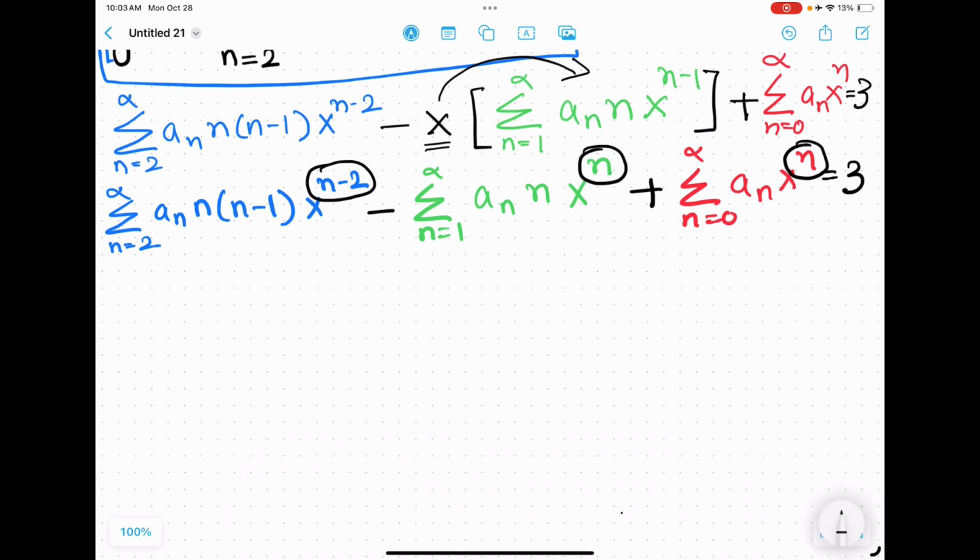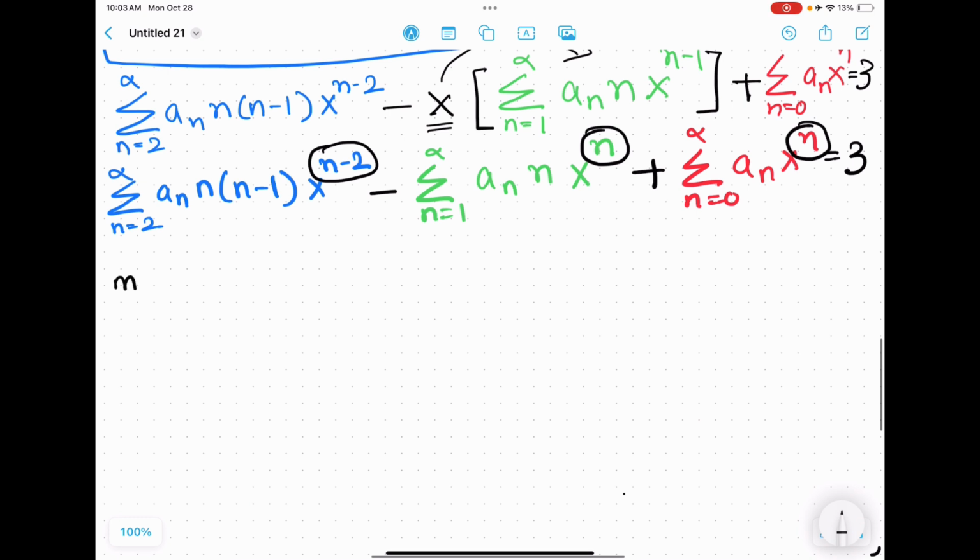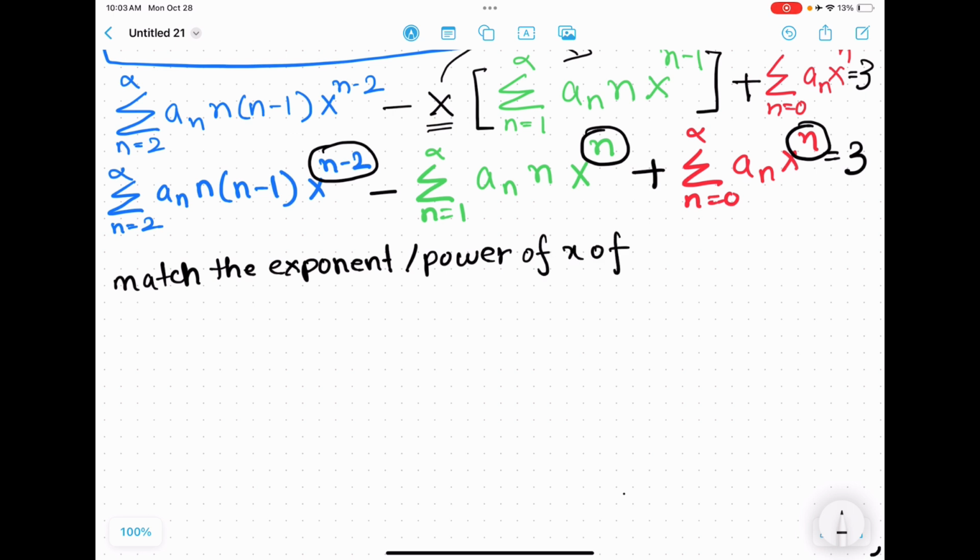Okay, so my second step would be to match the exponent or power of x of my first power series to an n.